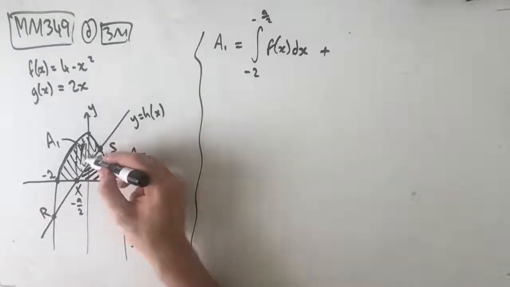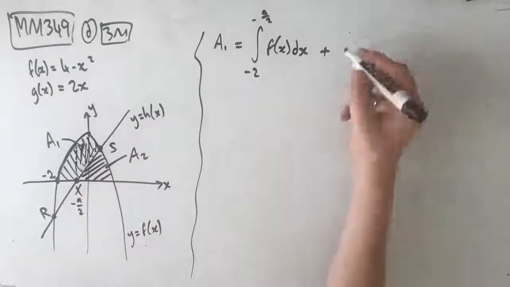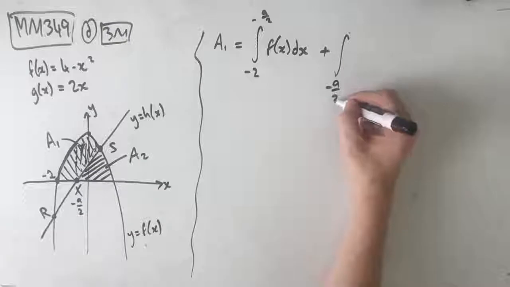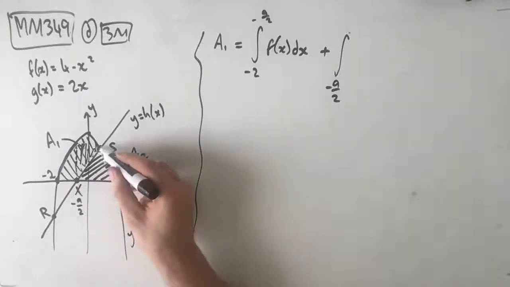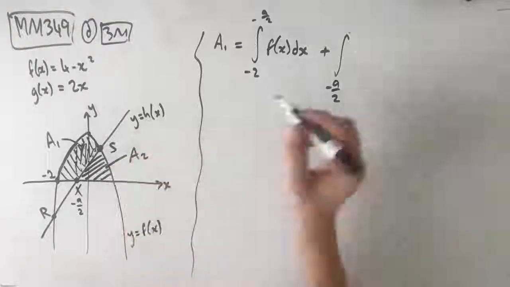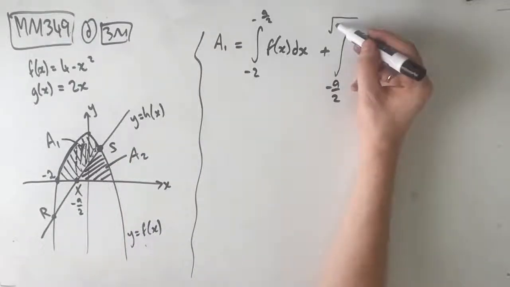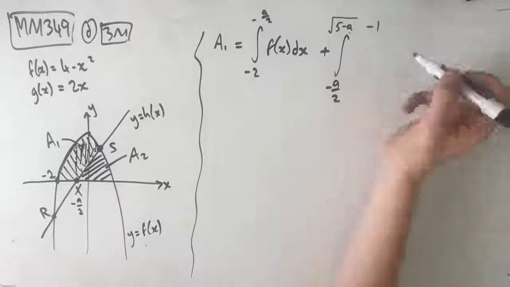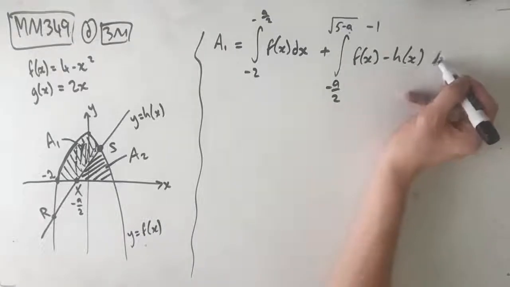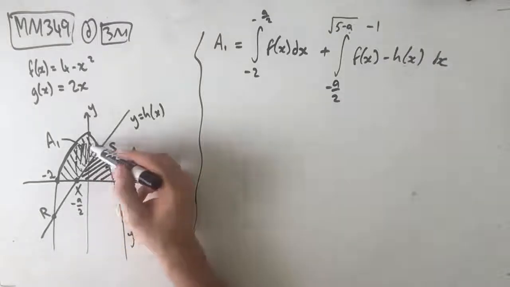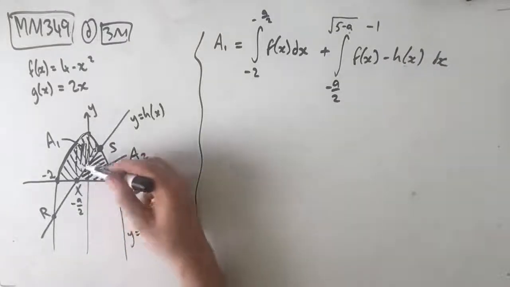this section here will be from x, which is negative a on 2, up to S, the point of intersection here, which has an x value of root 5 take a minus 1, of f of x minus h of x, because we're finding the area between these two graphs now. The top one is f of x, the bottom one is h of x.